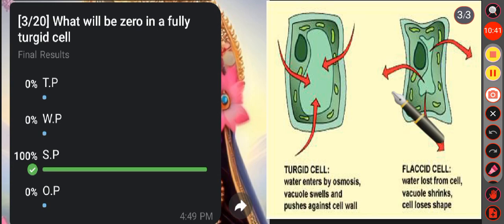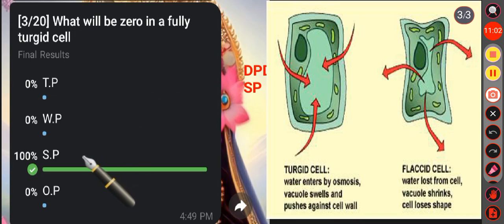Just the opposite of turgidity is the flaccid cell, which is called flaccidity. It means when a cell is placed in a hypertonic solution, water comes out from the cell by the process of exosmosis and the cell becomes flaccid, right?